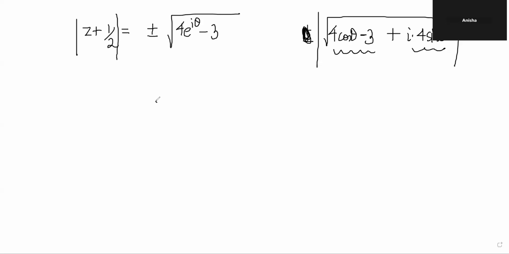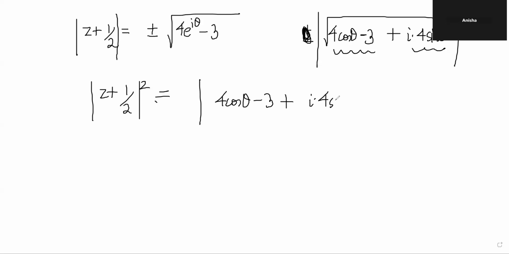If I square the mods, I would get mod of z plus half squared is equal to mod of 4 cos theta minus 3 plus i into 4 sin theta.